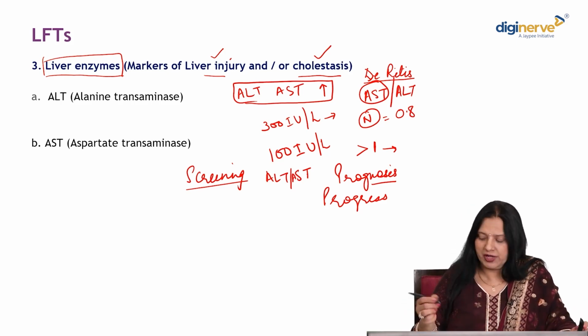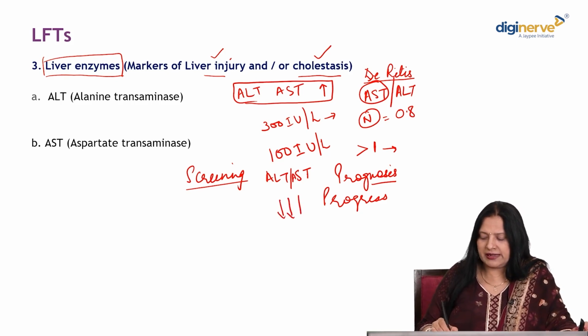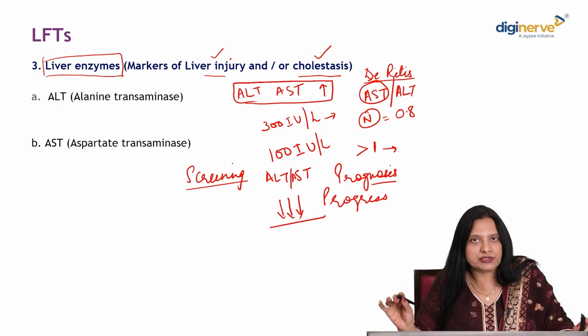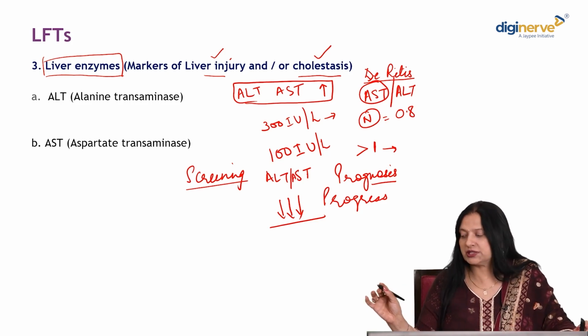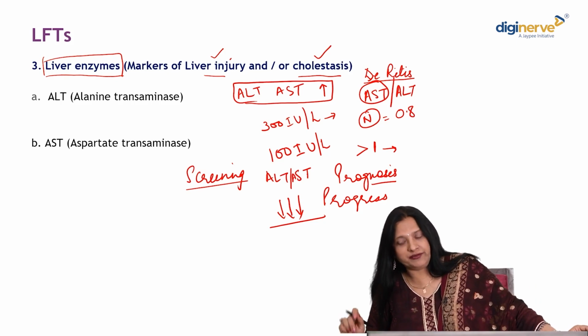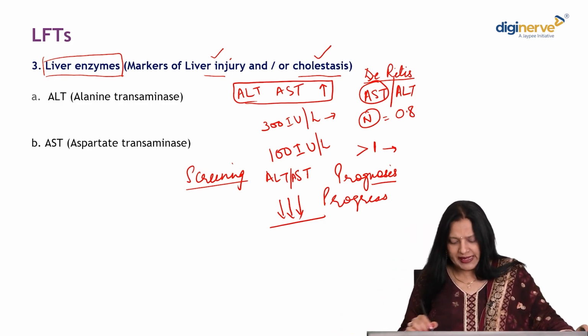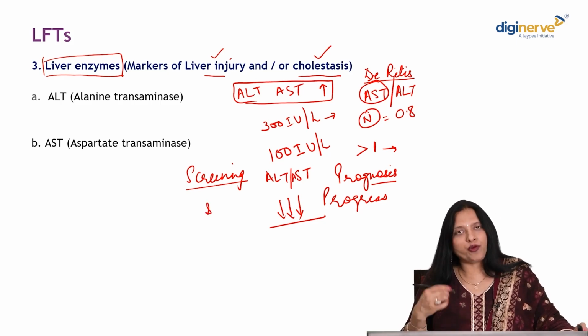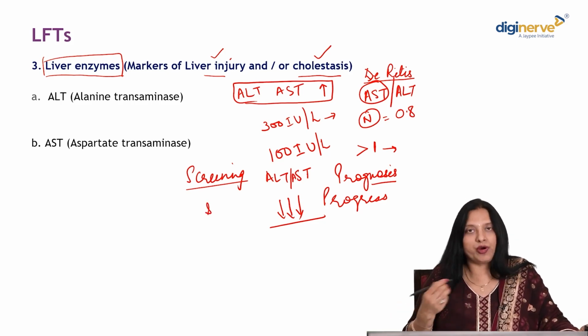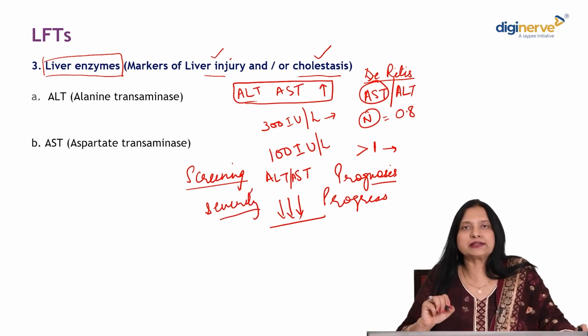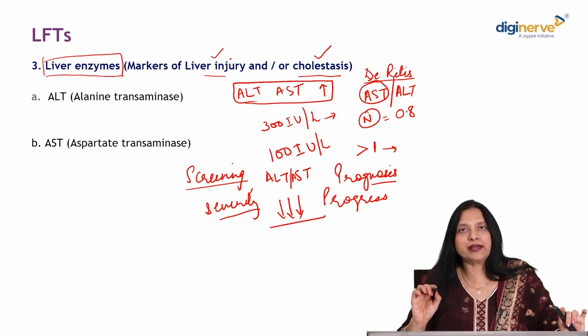However, a sudden fall is a very poor prognostic sign of liver disease. So for screening, prognosis, monitoring of progress and severity of disease, we can get an idea by doing these enzymes.